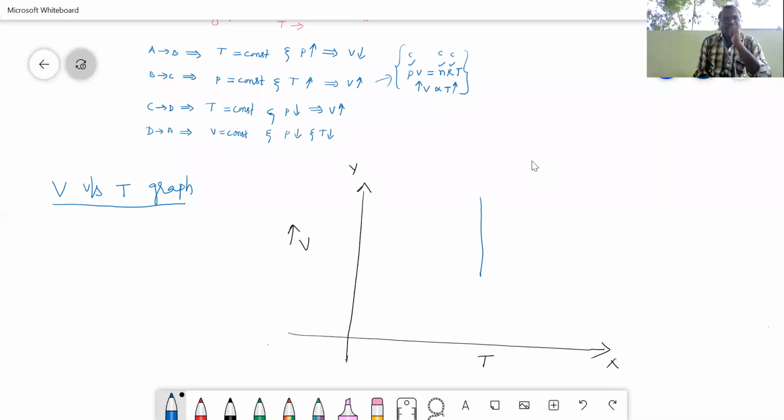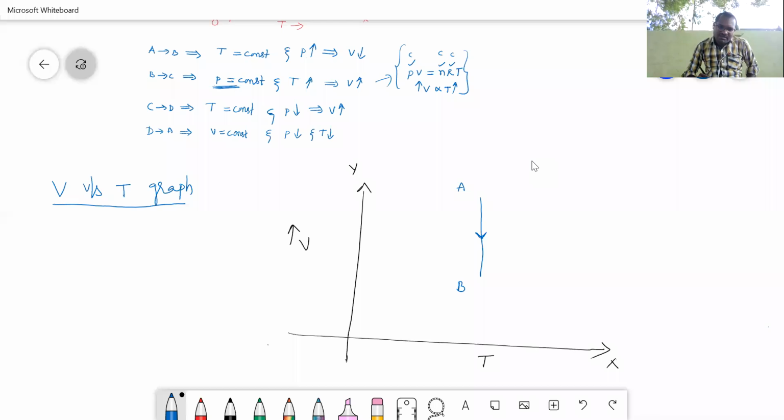What happened to pressure? Pressure is increasing, volume is decreasing. Volume decreases means the arrow mark should be downward. Here A you take, here B you take. Okay, AB process is over. Now, B to C. What happened? Pressure constant. Pressure constant means what should happen?